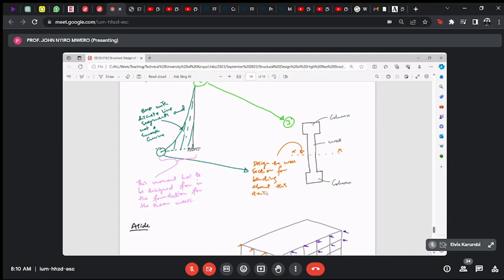Different standards have different ways of how that is designed. And then we also said that the foundation has to be designed for both the axial load, courtesy of that wall, the vertical reaction, and the bending reaction as well.